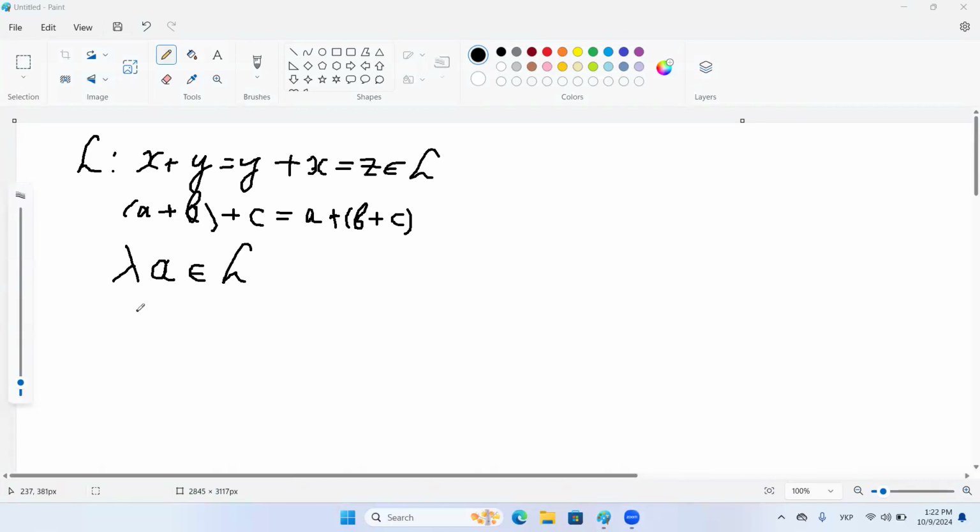And also we have a zero element. It means that if we add a zero element to it, nothing changes.